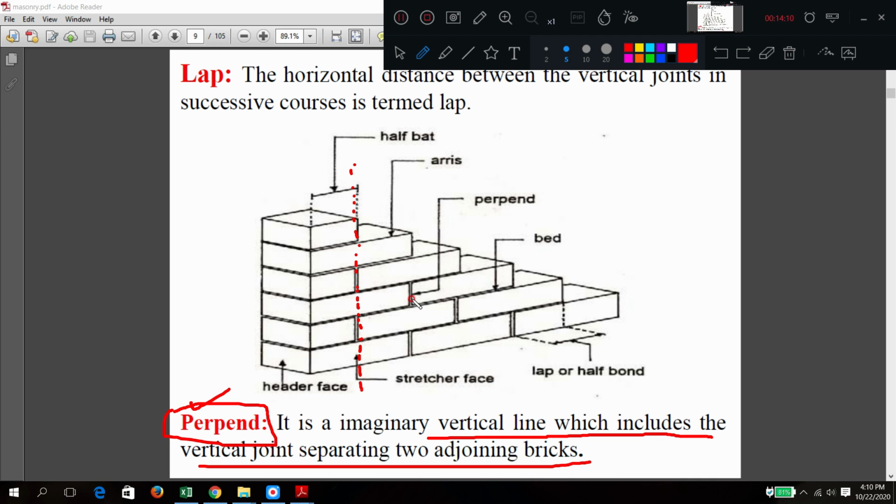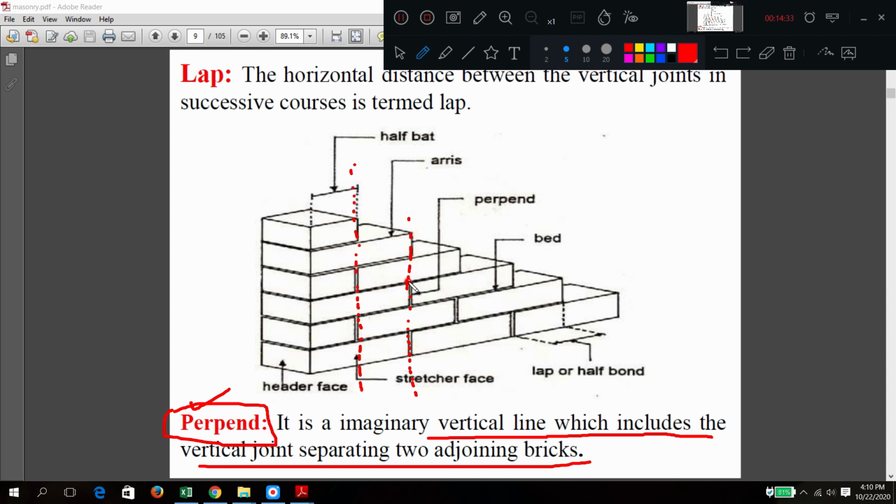Can you see here? This is one vertical joint. If you draw an imaginary line like this, it is going here also, but the vertical joints are in line in alternate layers, not in successive. Here it is not passing, but in the next alternate layer the line is going.